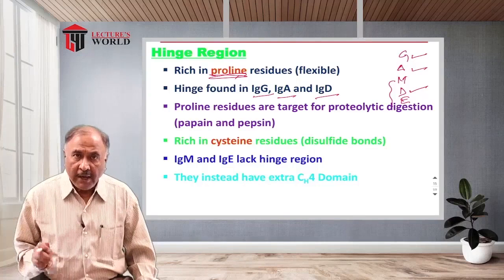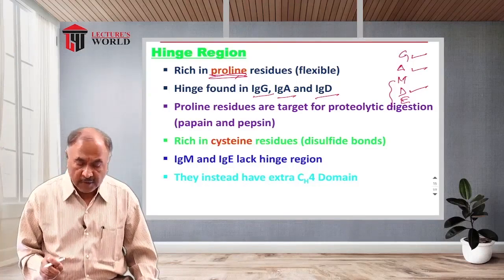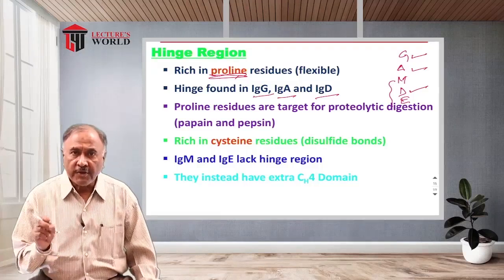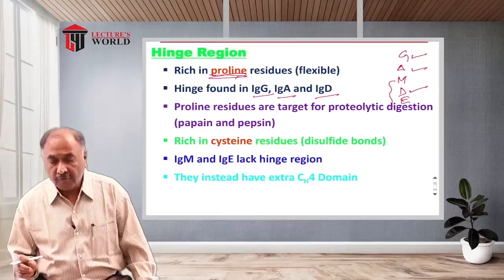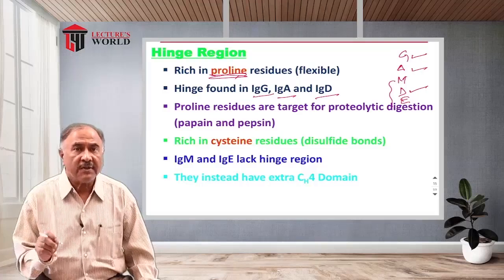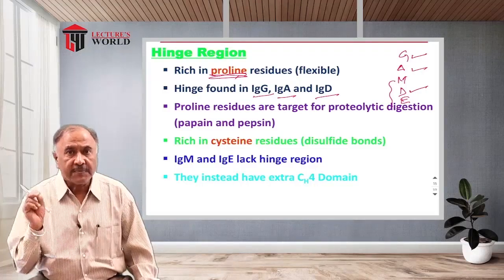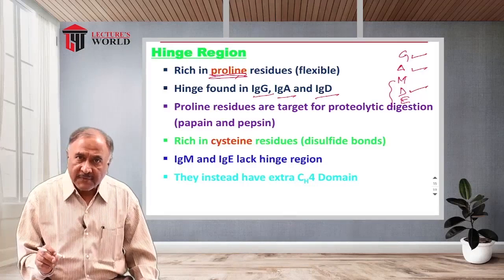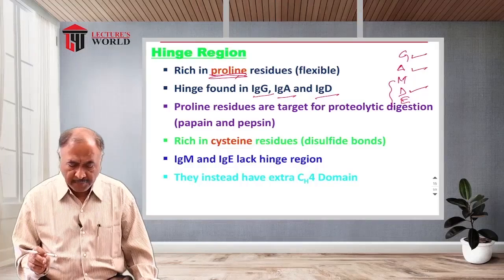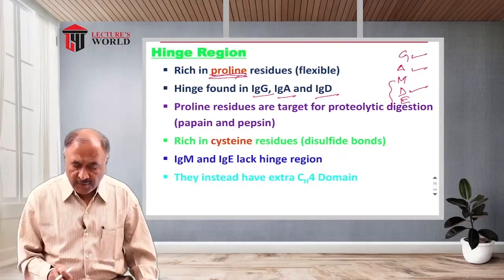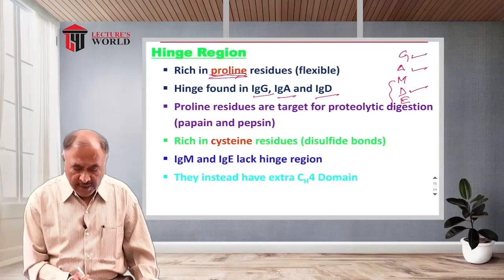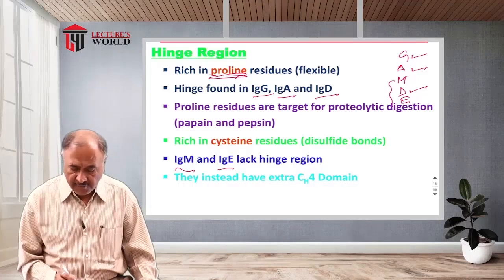Okay. And why am I telling you this? Because it will have implications in the next coming slides. Because these proline rich hinge regions are the target for proteolytic digestion. Proteolytic digestion means digestion with certain enzymes which will digest proteins. Which are those enzymes? That we will study later. They are papain and pepsin. Okay. They are also rich in cysteine residues, that is disulfide bonds. As I have told you, IgM and IgE lack the hinge region.